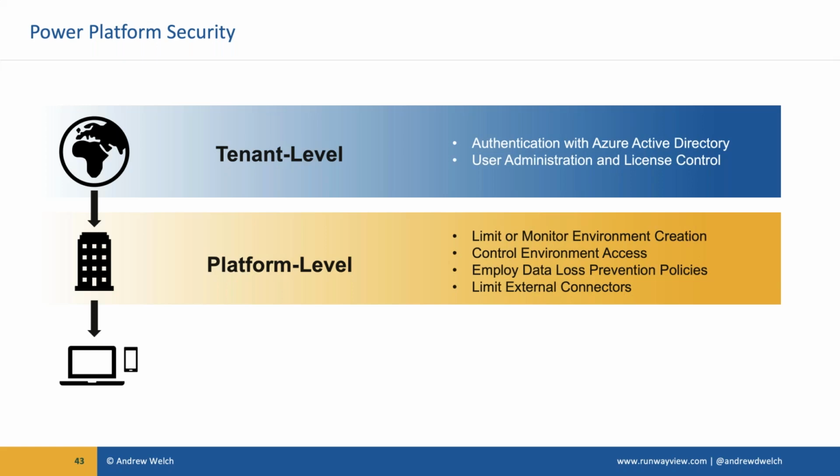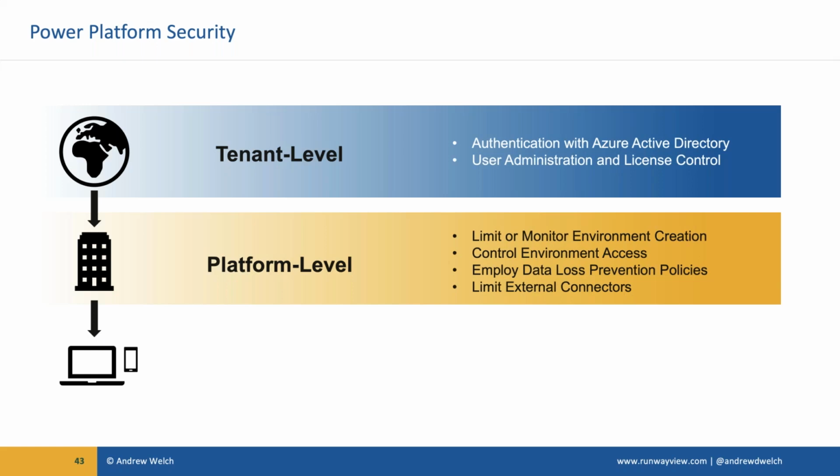So DLP policies basically create parameters around security of those data connectors that I mentioned earlier. So you effectively can't grab data out of SharePoint or data out of CDS and post it to Twitter. That's a stupid extreme example, but you can't do that if you're using DLP policies correctly. And we can also limit which external data connectors are available for use.